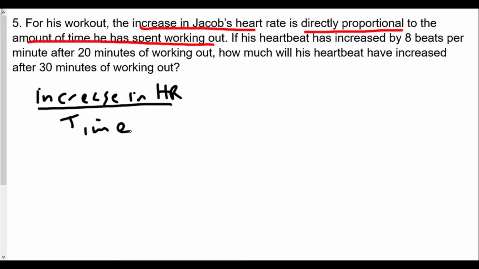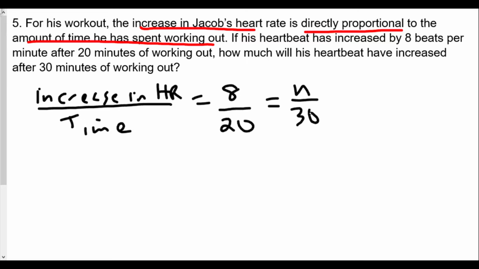That's what we're comparing. And so if his heartbeat is increased by 8 beats per minute after a 20-minute workout, so that's what we have, the 8 going with the increase in heart rate, and the time is 20 minutes. How much will his heartbeat have increased after 30 minutes of workout? So that's n over 30.